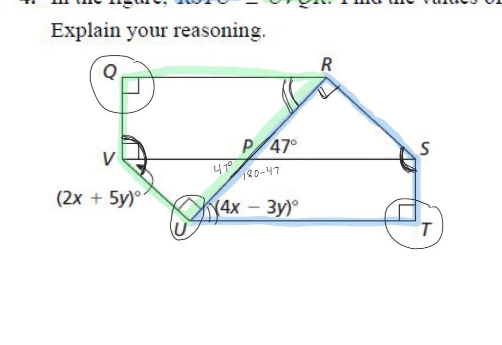Okay? Because remember, any two angles that form a straight line should add up to 180 degrees. So this is going to be 180 minus 47, which is 133 degrees. This one is also 133 degrees. Okay? I haven't even read the question at this point. I've just filled in everything that I know.